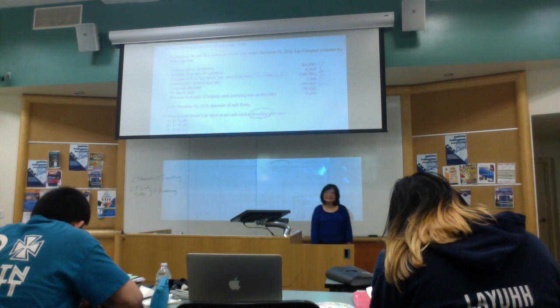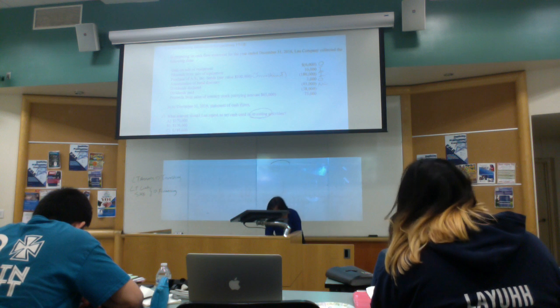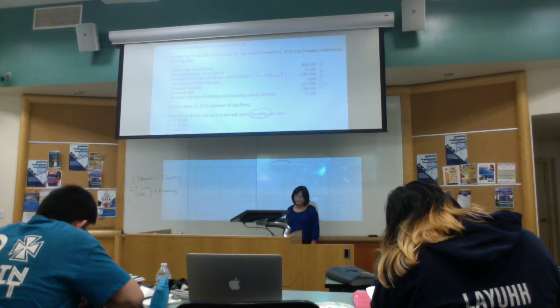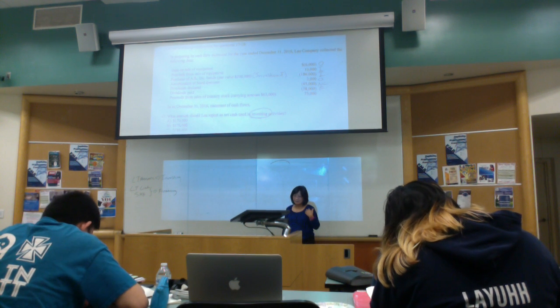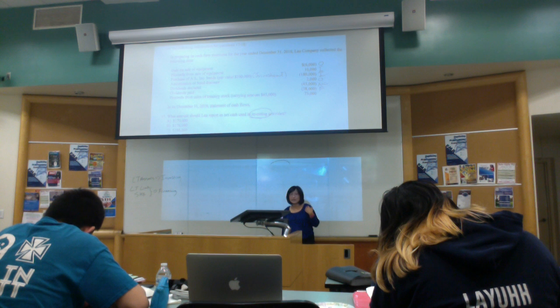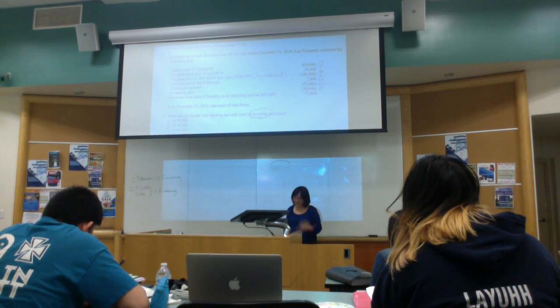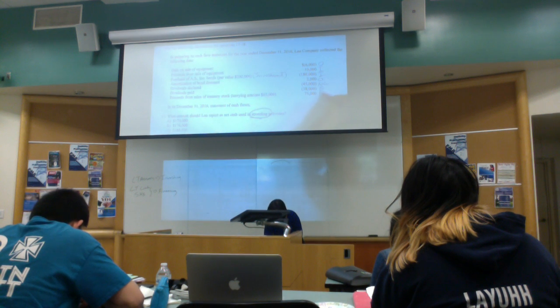Dividends paid. That involves cash, right? So that would be financing. Proceeds from sale of treasury stock. Where does treasury stock show up? Part of stockholders' equity, right? So this would be financing, right?